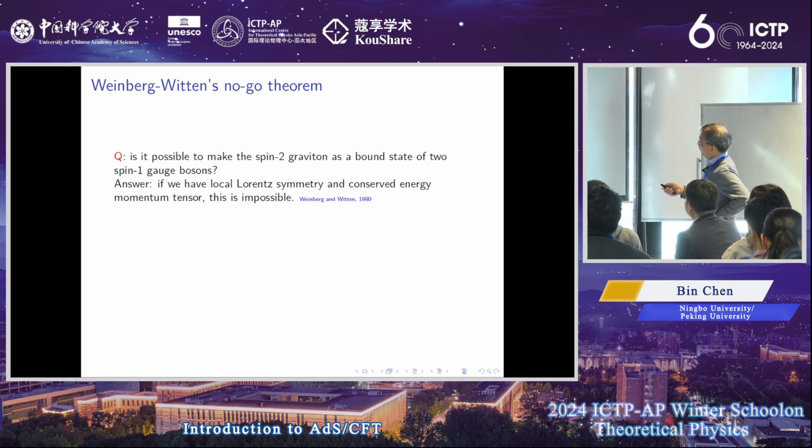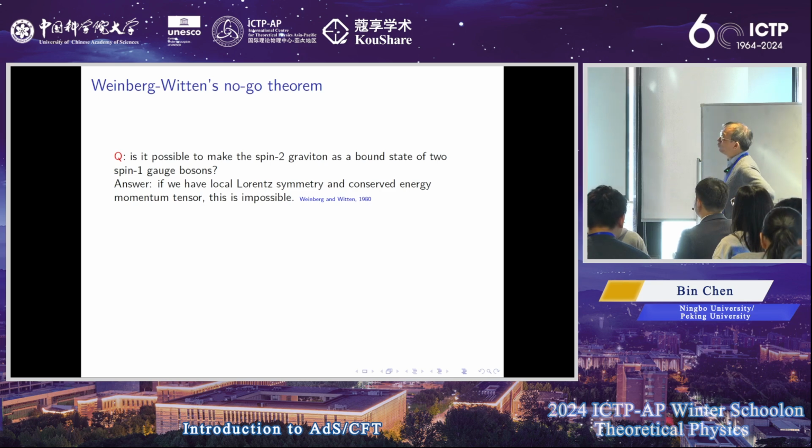In the 1970s, people tried to think about this question: can the spin-2 graviton be a bound state of two spin-1 gauge bosons? The answer is no. If we have local Lorentz symmetry and a conserved energy-momentum tensor, this is impossible. The graviton cannot be a bound state of spin-1 gauge bosons. This is the Weinberg-Witten theorem, proposed in 1980.